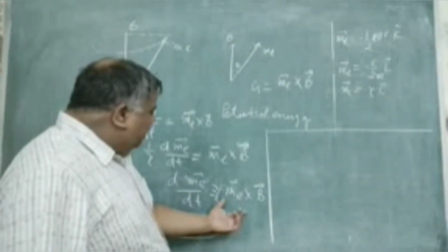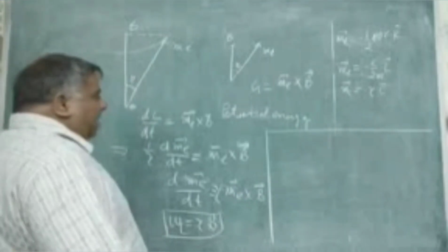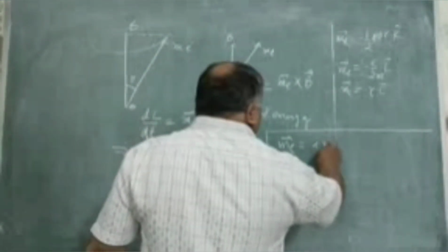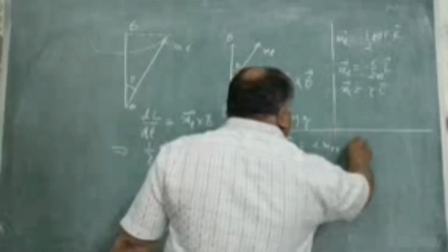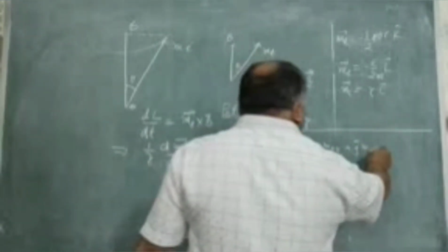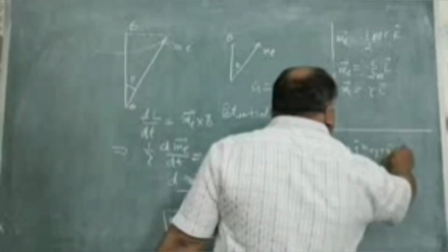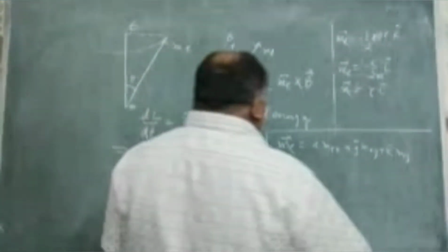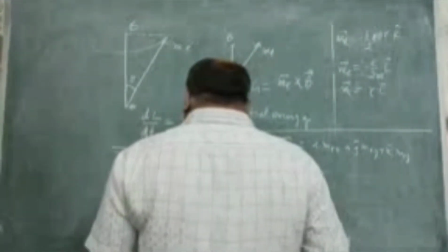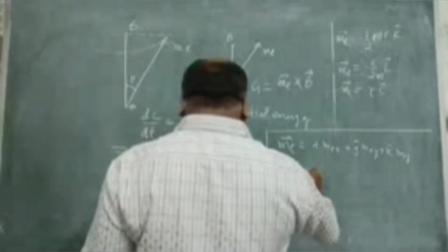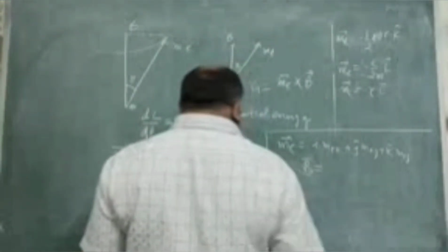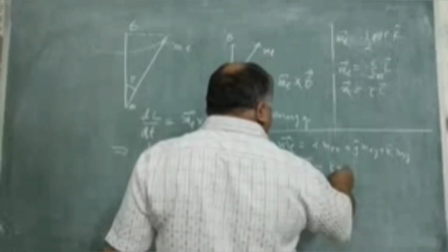This is nothing else, gamma ml cross B. ml has the components i mlx plus j mly plus k cap mlz. B is along the z axis.